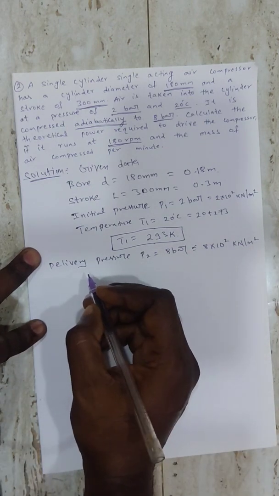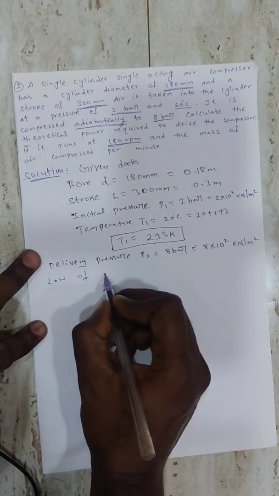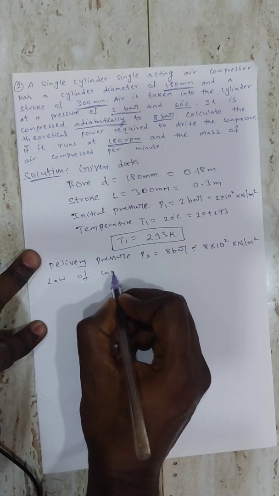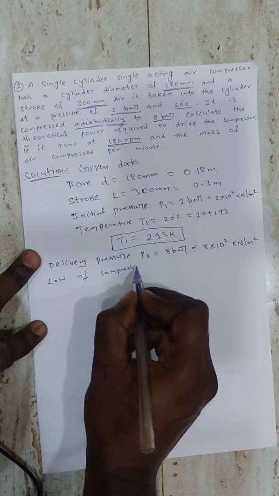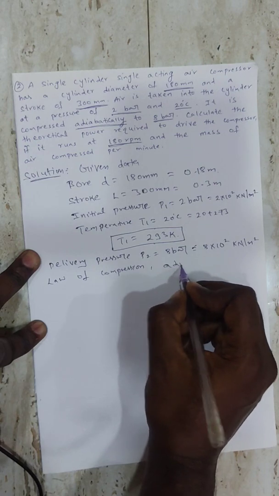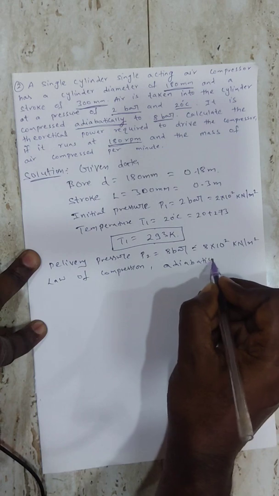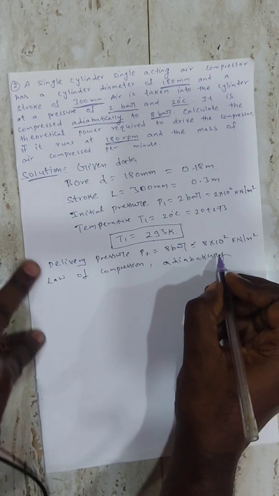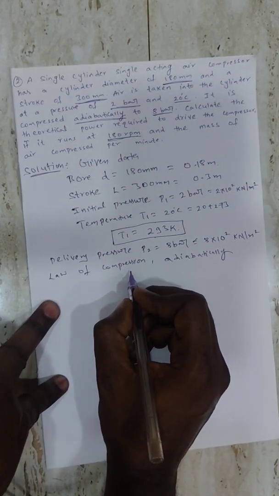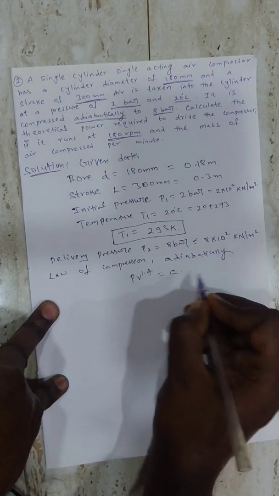And he has given the law of compression. He has given adiabatically. Therefore, the formula for adiabatic is PV power 1.4 is equal to constant.